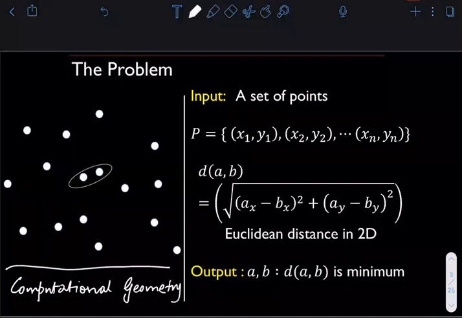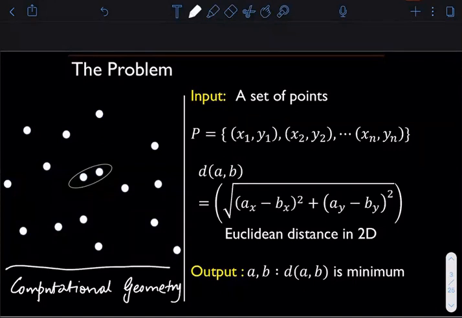It's a very prolific area in algorithms, and computational geometry algorithms find a lot of application in areas like robotics or computer vision, and even in a broader sense in data science. Which is why it's extremely important that we are able to solve these problems very fast. So today we're talking about this very basic fundamental geometric problem of finding the closest pair of points among a given set of points.